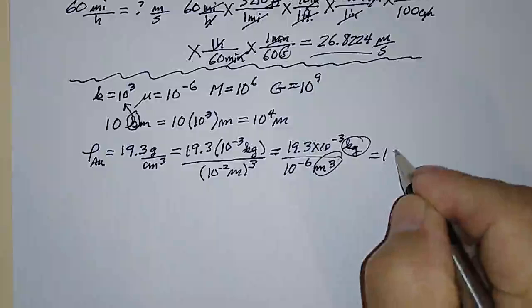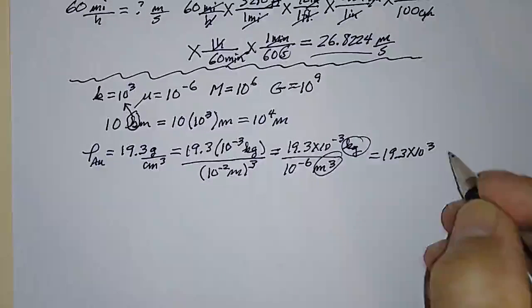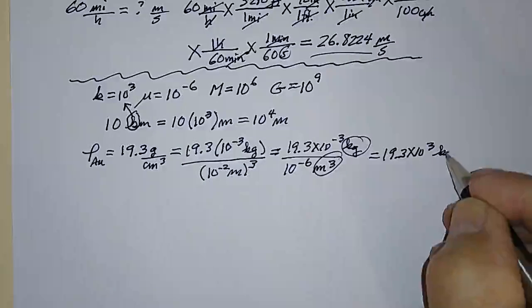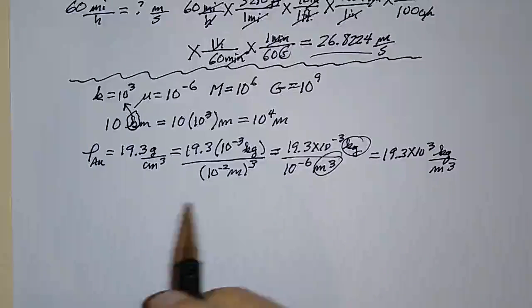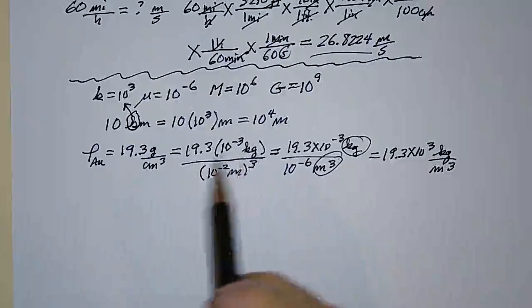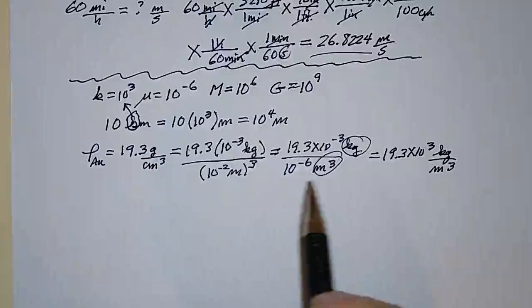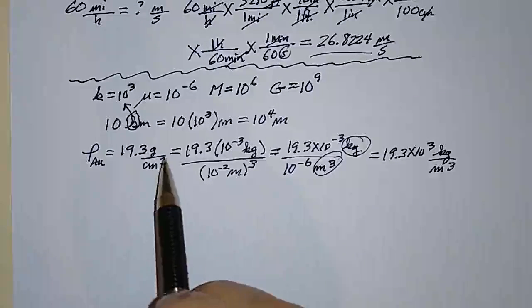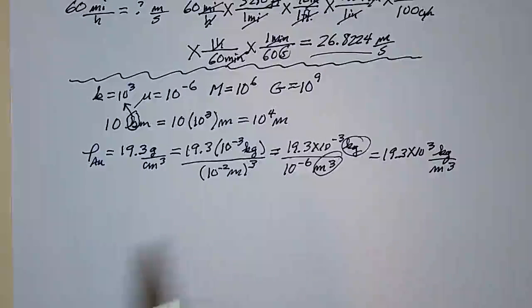And this is equal to 19.3 times 10 cubed kilograms per cubic meter. That's just an example. So most of the time you can simplify these complicated expressions by just plugging in exactly what the value is, and then carry it out from there.